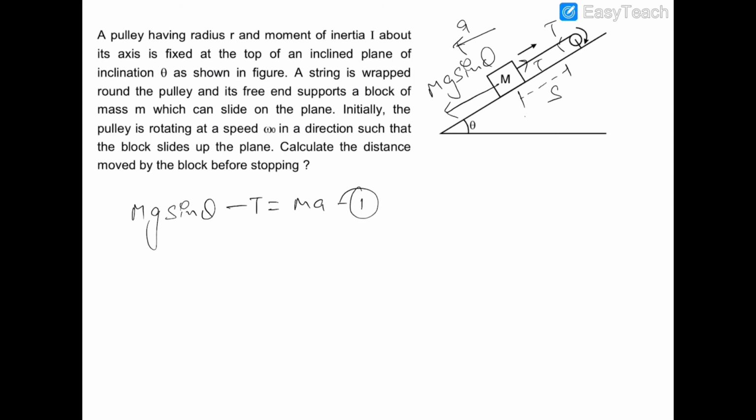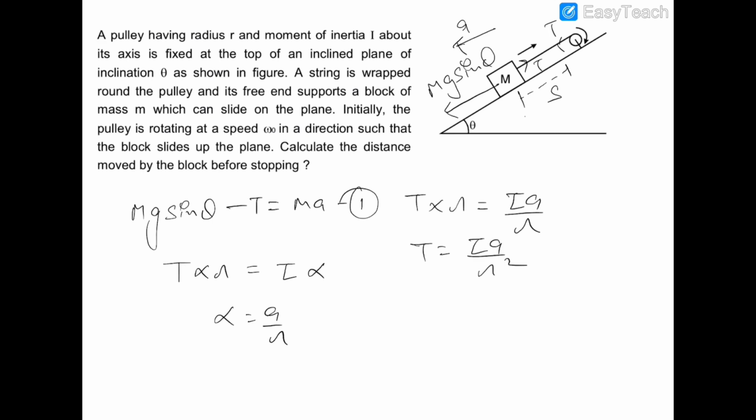And the equation of torque for the pulley would be T into R will be equal to I alpha, where alpha is equal to a by R. So this is T into R is equal to I a by R. Now we have to find out a. So we can see that tension T is equal to I a by R square.